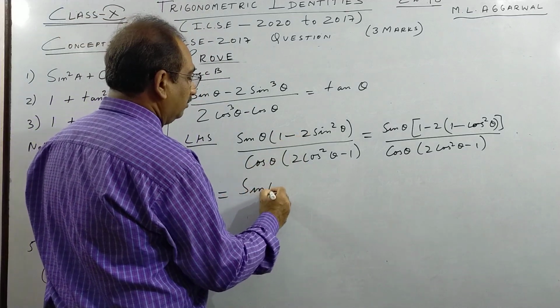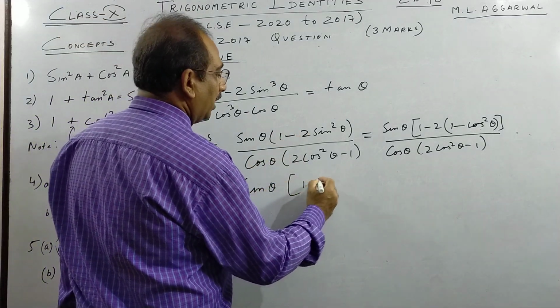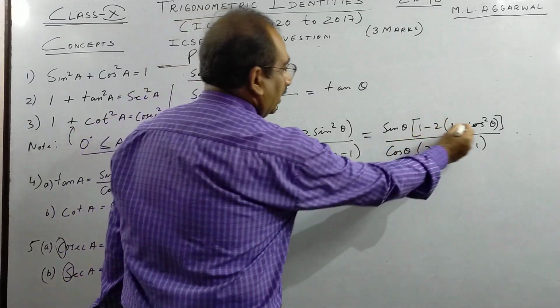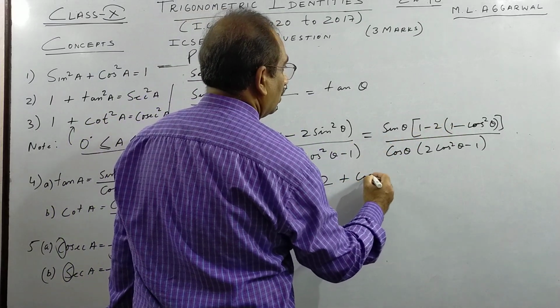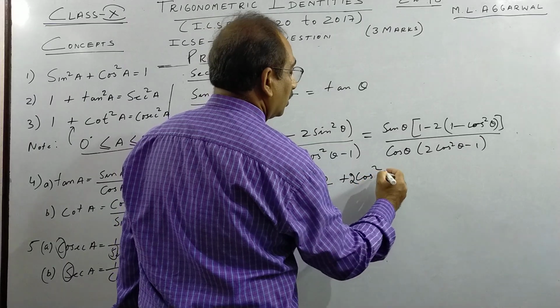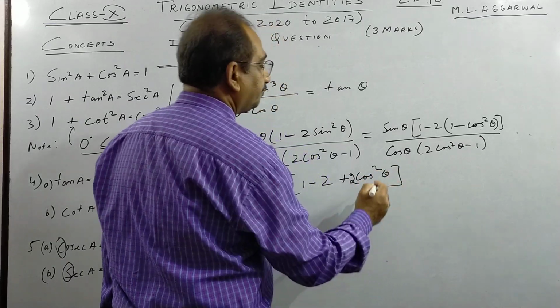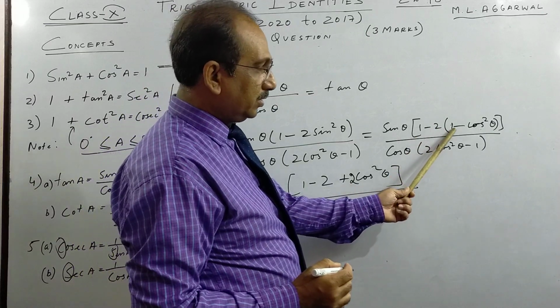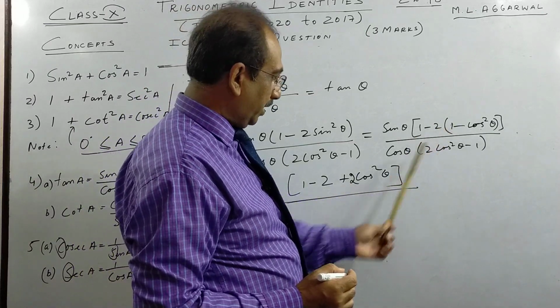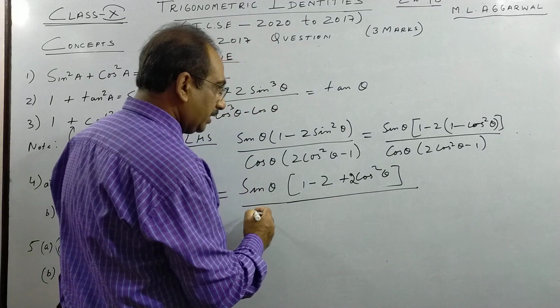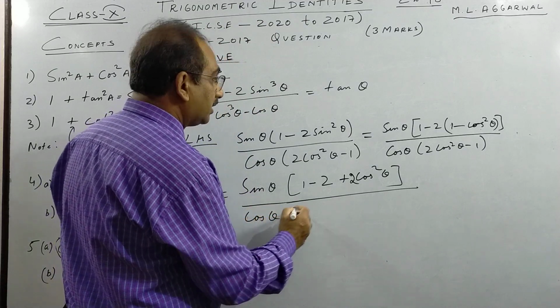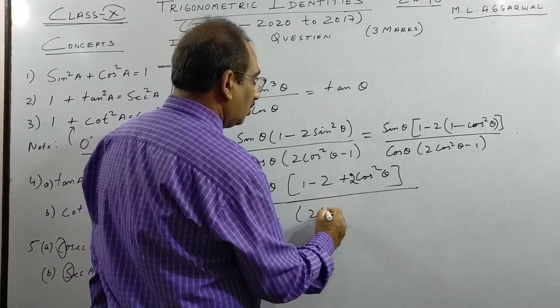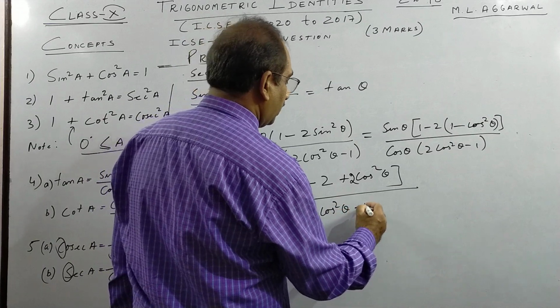Sine theta, 1 minus 2, minus minus plus 2 cos square theta. 1 minus 2, 1s are 2, minus minus plus 2 cos square theta. And here we have cos theta, and here this is 2 cos square theta minus 1.